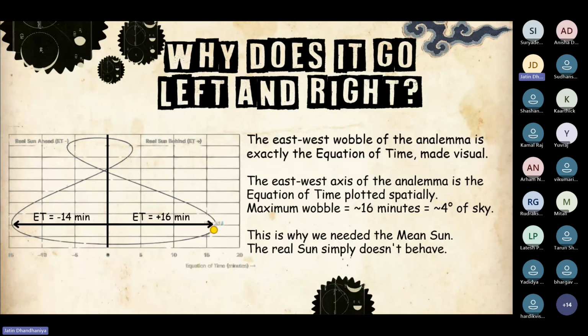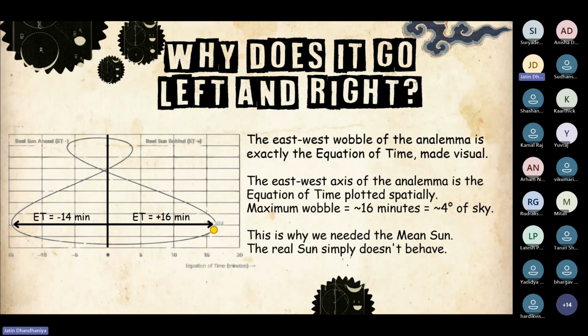The equation of time is what forces this. Suppose we are photographing the sun at exactly 12 p.m. in the afternoon. Then some time of the year it will be 16 minutes farther, while some time of the year it will be 14 minutes below.